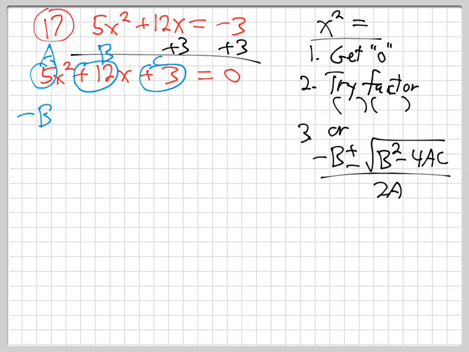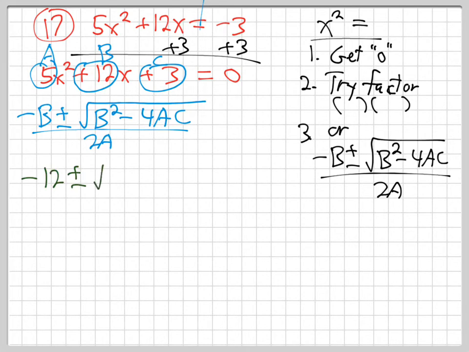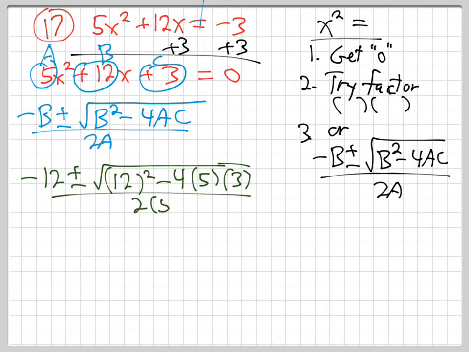Negative b plus or minus the square root of b squared minus 4ac all over 2a. So, negative 12 plus or minus the square root of 12 squared minus 4 times a, which is 5, times c, which is 3, all over 2a.